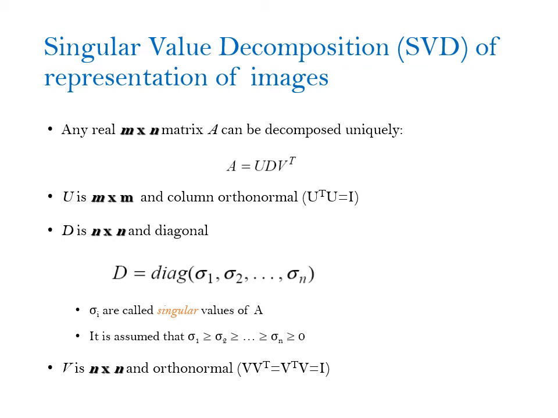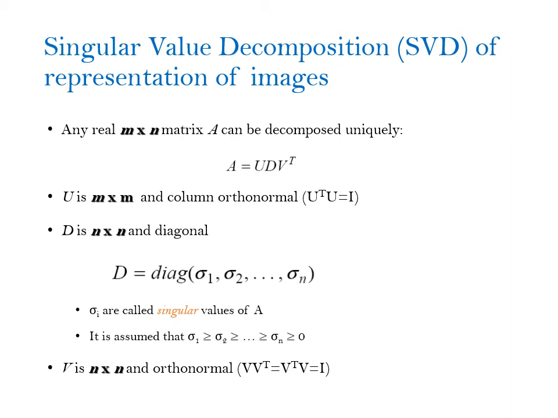So singular value decomposition allows us to decompose images into different matrices, and by doing that it's possible to do image compression. So one important application of singular value decomposition is image compression.